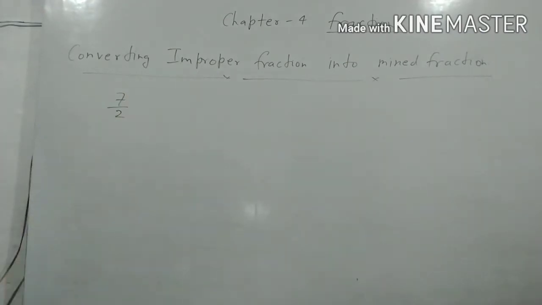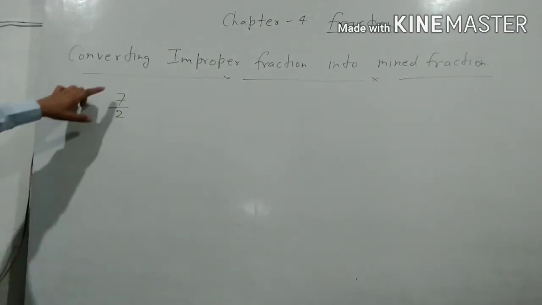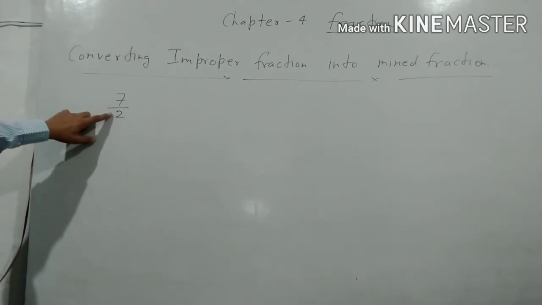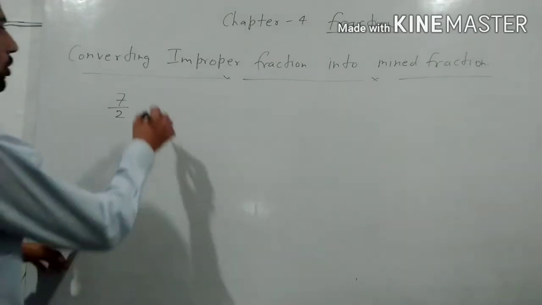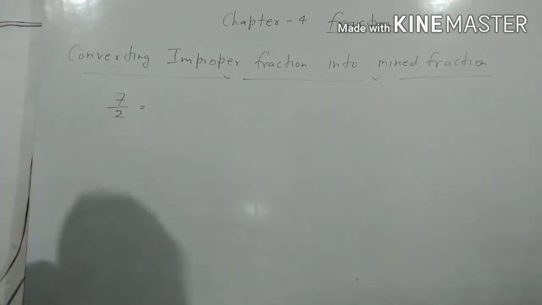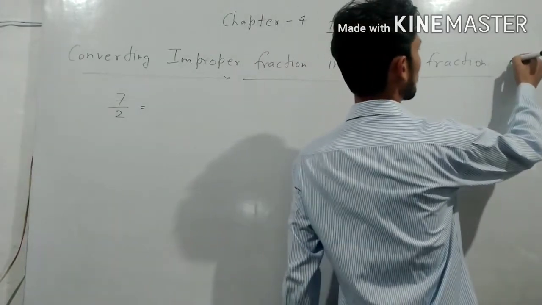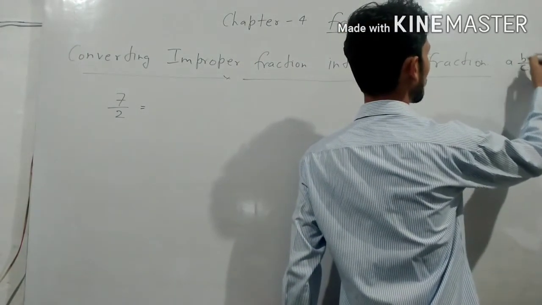It is an improper fraction because numerator is greater than the denominator. So we want to convert it into a mixed fraction. We want to write in this form: a b upon c.